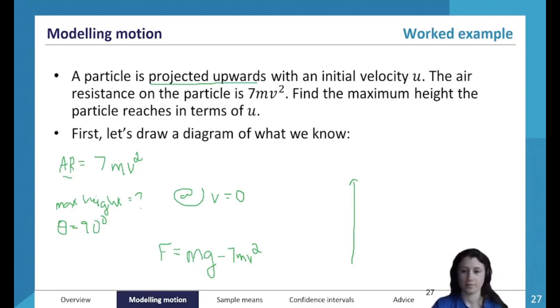Because we have the ball being thrown upwards, and the only force resisting that is the air resistance.